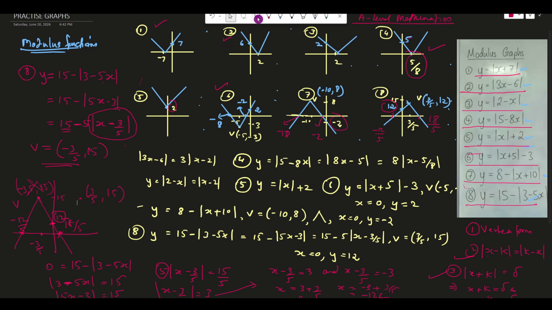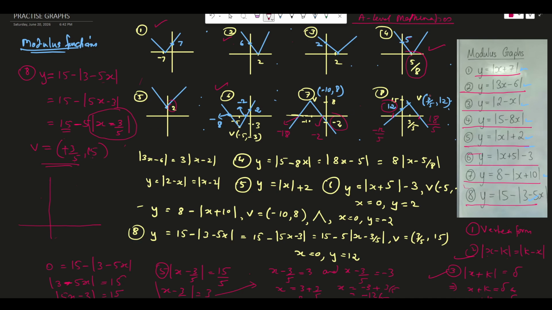So let me redo this. There was a slight mistake here. First of all, let me see where the vertex will be. It will not be minus 3 by 5. It will be 3 by 5 comma 15, because there's a minus over here.